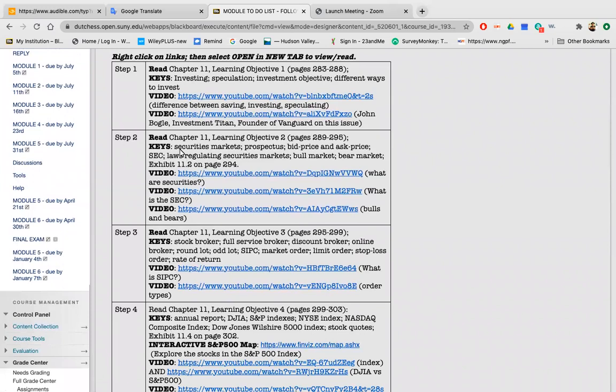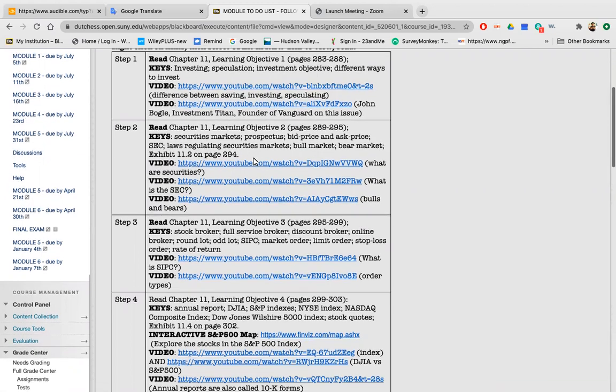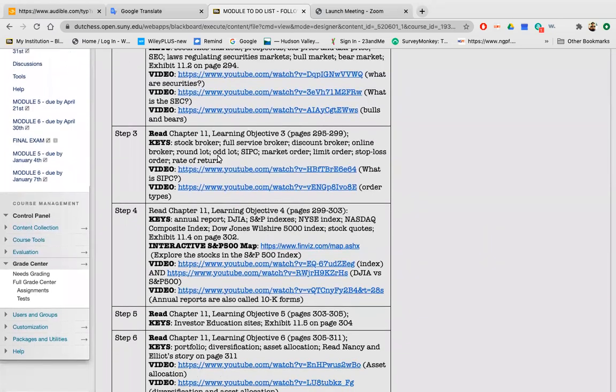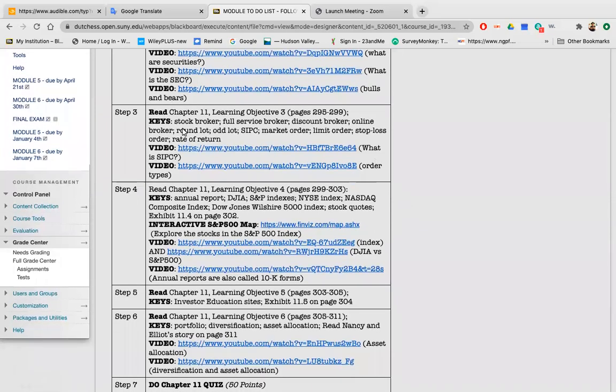We're going to be looking at securities markets, the role of the SEC, the difference between a bull and a bear market. We are also going to be moving on to opening up a brokerage account, what a stockbroker does, the differences between full service and discount brokers. Most people buy round lots, but there are lots of odd lots now.